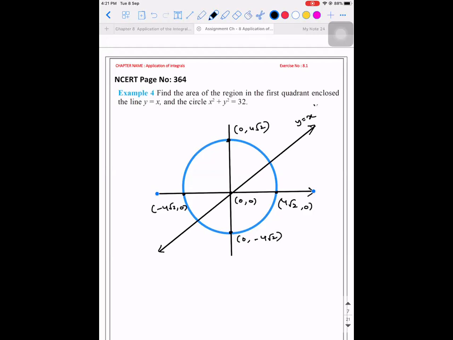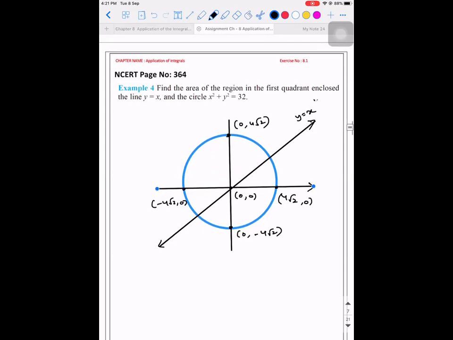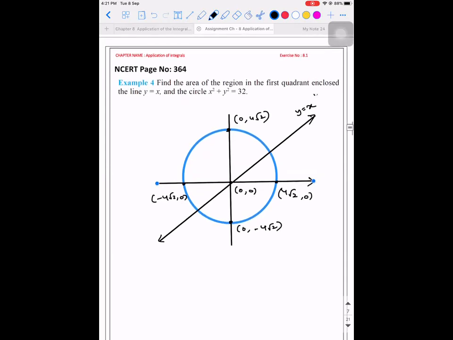So what are they asking? Find the area of the region in the first quadrant enclosed by the line y is equal to x. I'm taking the red color portion; this is the region they're asking.